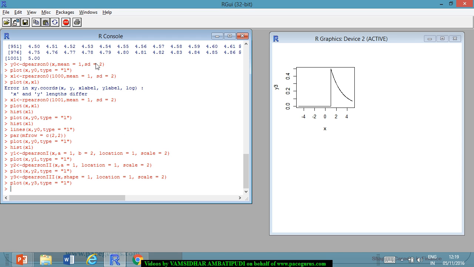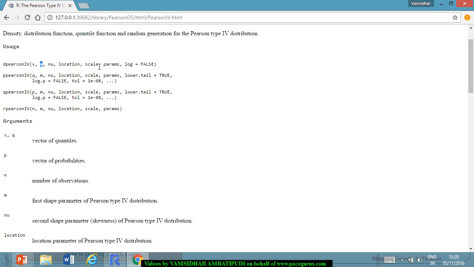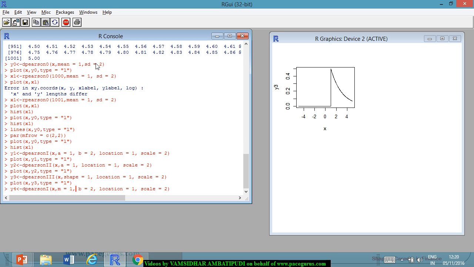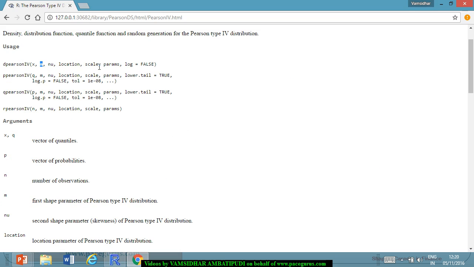So I can very well use the same 4 which I have used for the beta distribution. So let me use y1 itself, right, and I'll just make small changes to it. I'll call this y4. So instead of a, I'll set m equal to 1. Instead of b, I'll set the second shape parameter nu equal to 2.